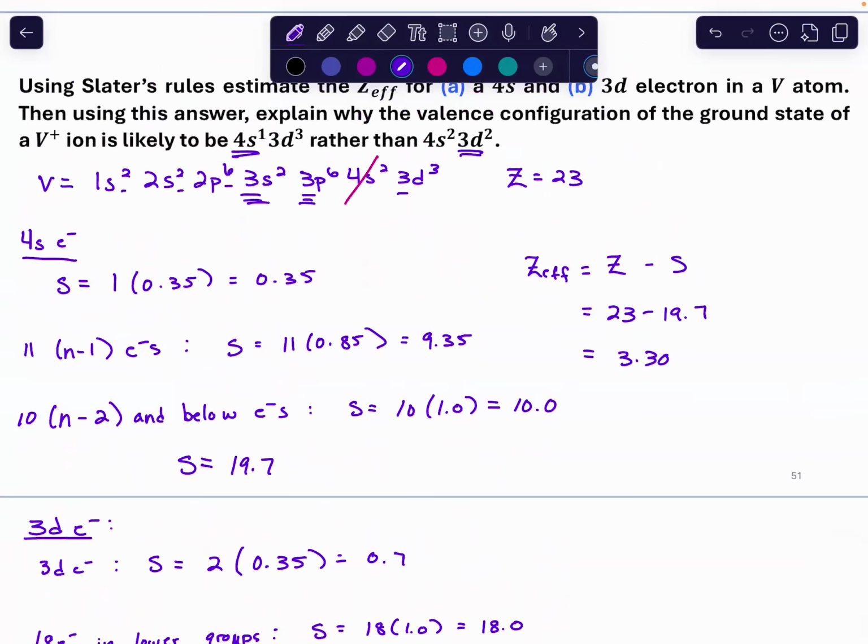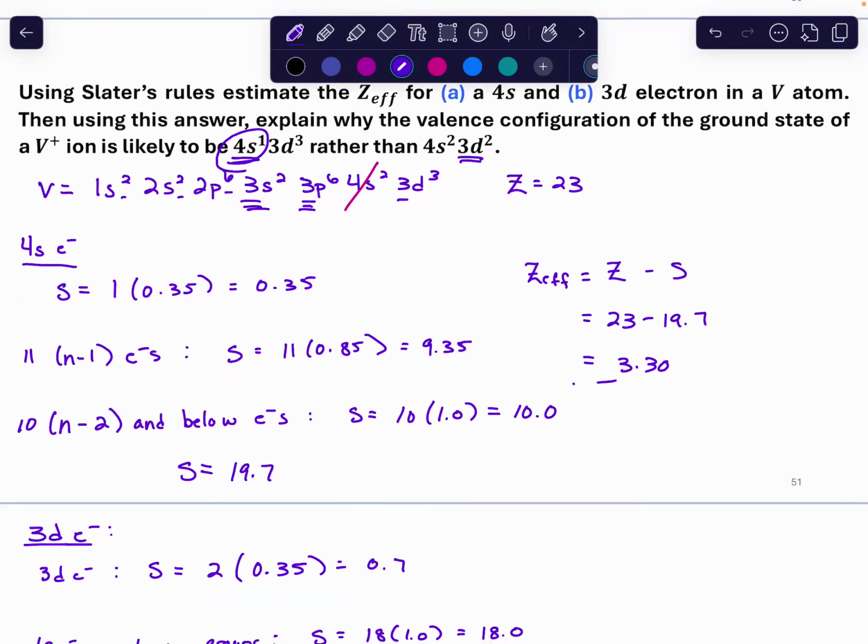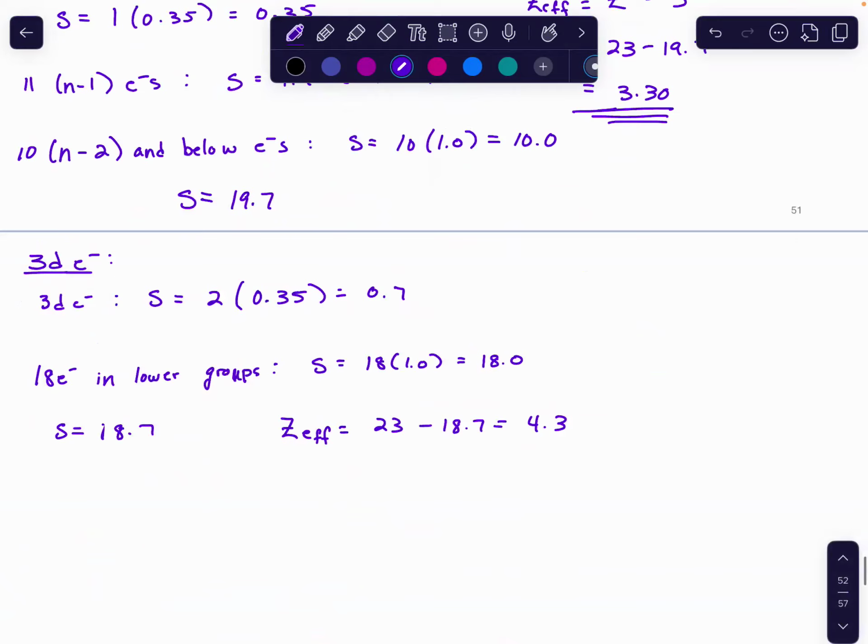So the 3d electrons are actually held tighter, meaning that your primary valence shell is going to be your 4s, and electrons are going to be stripped from there first, being the highest energy shell on the atom. So that's why your plus 1 ion is likely to be a 4s1 3d3 versus a 4s2 3d2. It has to do with the size of the effective nuclear charge, 3.3 versus 4.3.